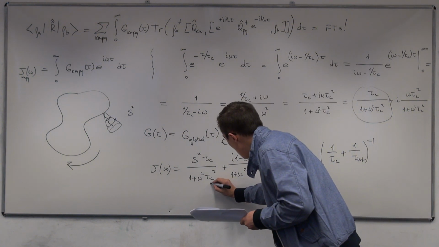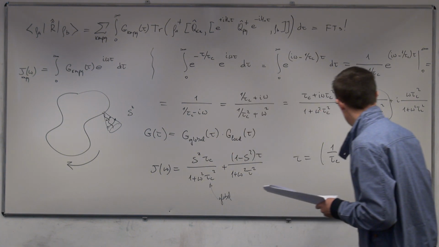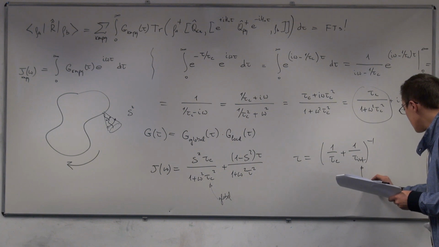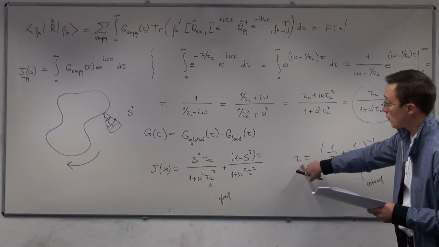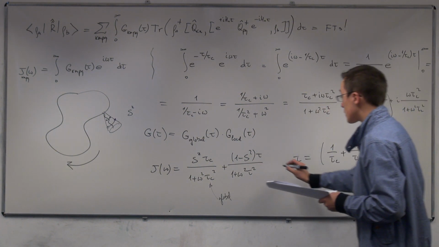So this is the global correlation time. This is the internal correlation time. And that's the effective correlation time, which is this kind of average that goes into the Lipari-Szabo spectral density.